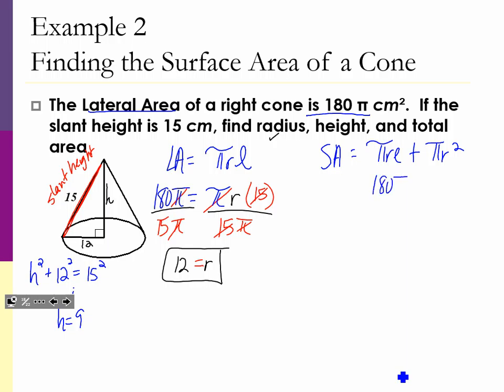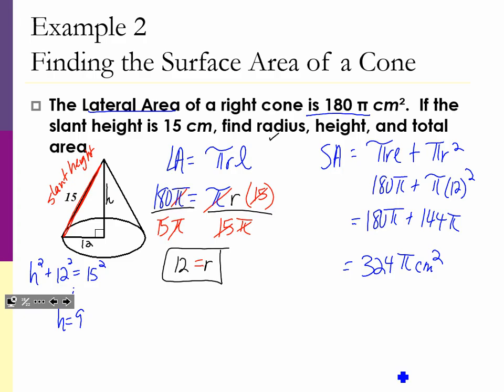That was 180π. All I've got to do now is π times the radius squared, which was 12 squared. So it's 180π plus the 144π gives me a total surface area of 324π, and that would be centimeters squared because it was centimeters for the height. All right, so that's example 2.